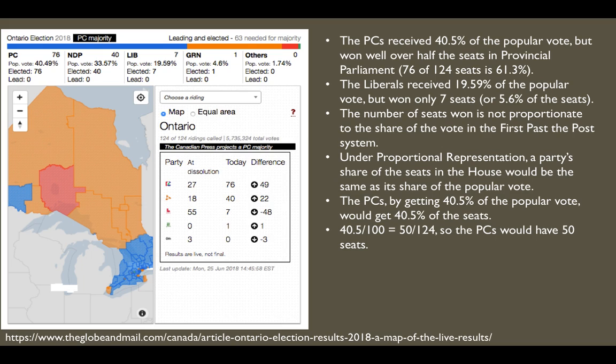Now, this would have a big effect province-wide on everyone, including the students in the class, because in that case, the Conservatives' majority government would turn into a minority government, and that changes the landscape for everyone in Ontario.